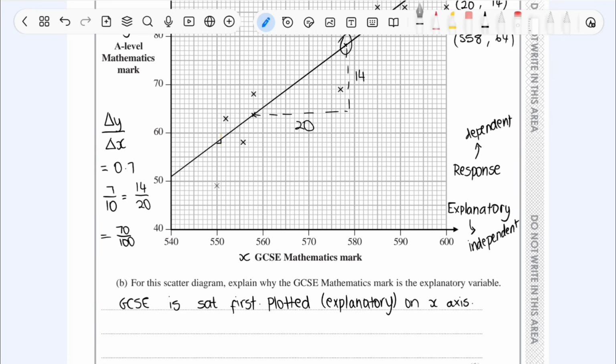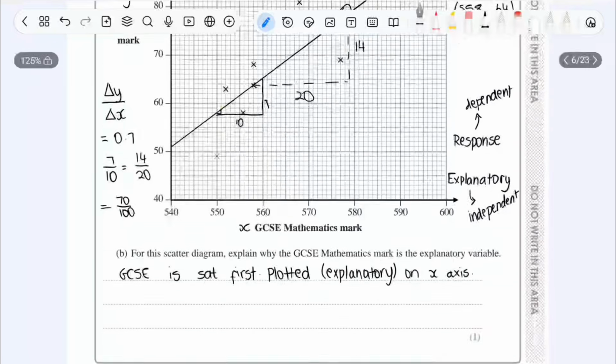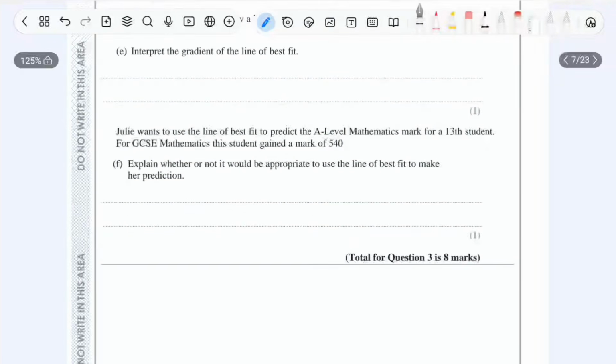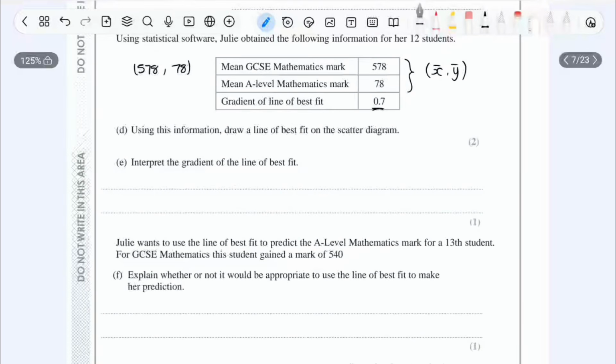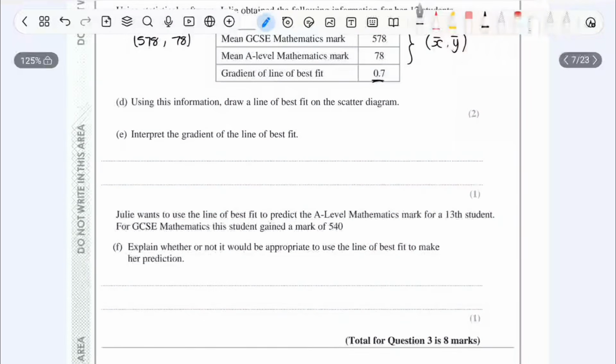If we extrapolate this a bit more, if we go across 10 marks, we get something roughly approximate to 7. So for every 10 we go up 7, and as you can see here, as we went 20 along, we went 14 up. So for each additional GCSE mark we get 0.7 additional A-level marks.